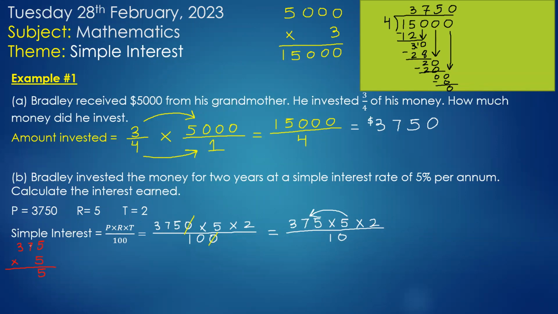Put the 5 down, put the 2 up. 5 times 7 is 35 plus 2 is 37. 5 times 3 is 15 plus 3 is 18. That's 1,000. So we get 1,875.